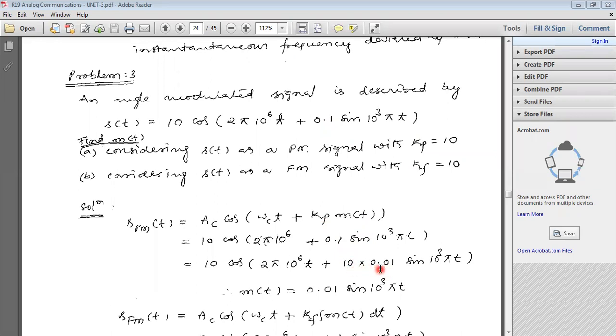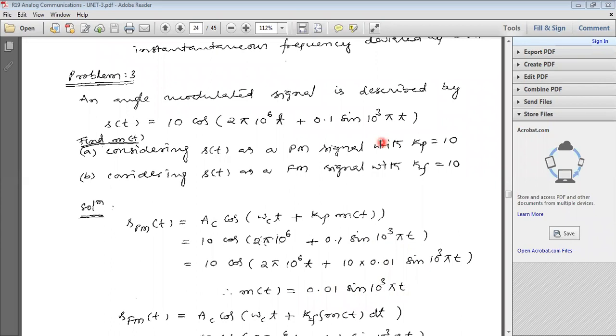If kp is 10, then the remaining parameter 0.01 is the message signal amplitude, already you know Vm sine omega m t. So in place of the message signal, we have m of t as 0.01 sine 10 power 3 pi t.